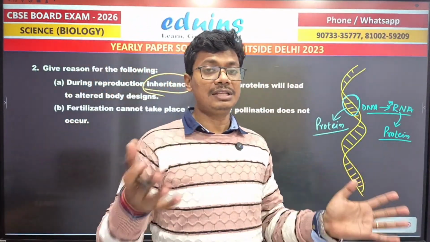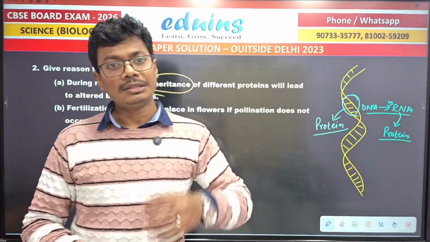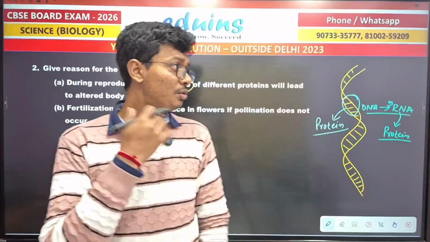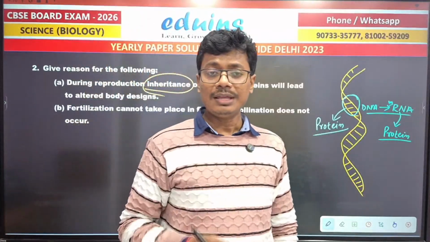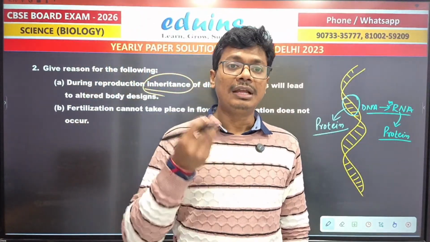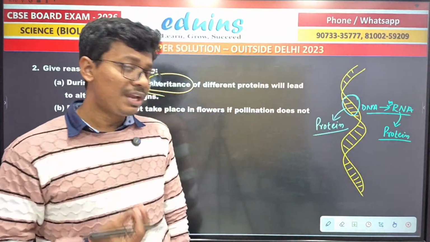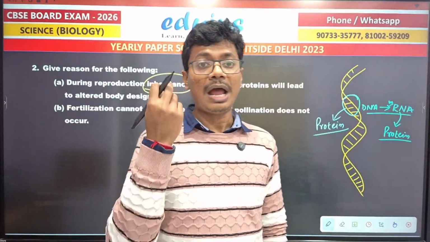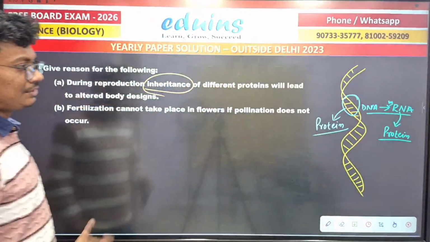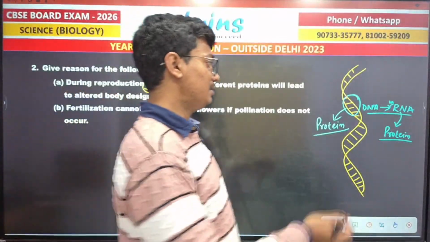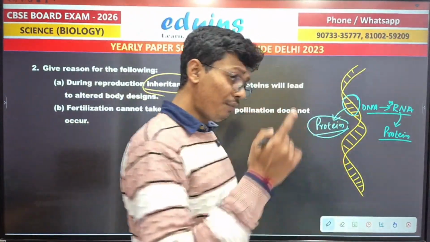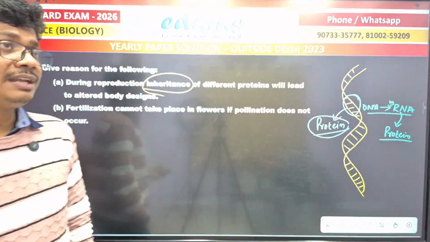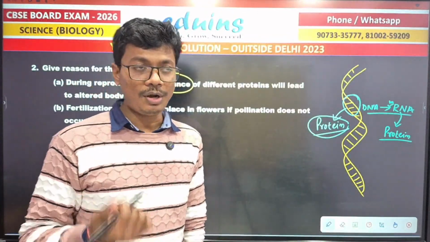Suppose the melanin production. The melanin is also encoded by the DNA. The melanin production helps to create your body color, your hair color, your eyeball color, etc. So melanin is a protein which is responsible for different characteristics of your body.